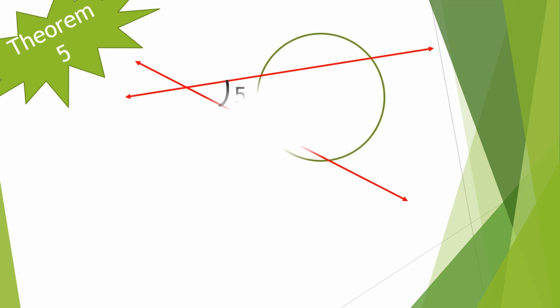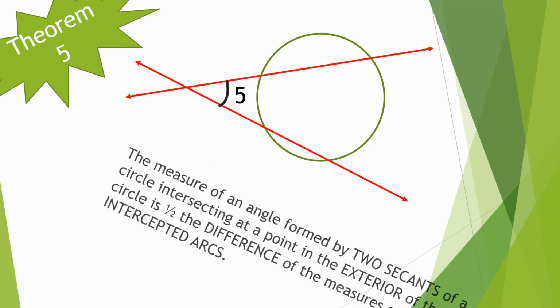Let's have theorem number 5. We have here a figure. Two secant lines meet outside the circle, and it formed angle number 5. So how do we get angle number 5?